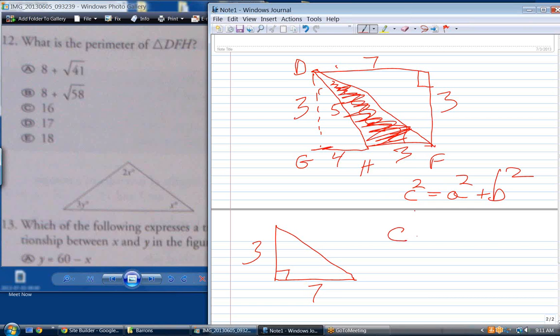C, the hypotenuse, is always what? Always starts out with square root, whether you're solving for the hypotenuse or one of the sides. In other words, if I'm solving for a particular small side of a right triangle, my answer is still going to be the square root of something.